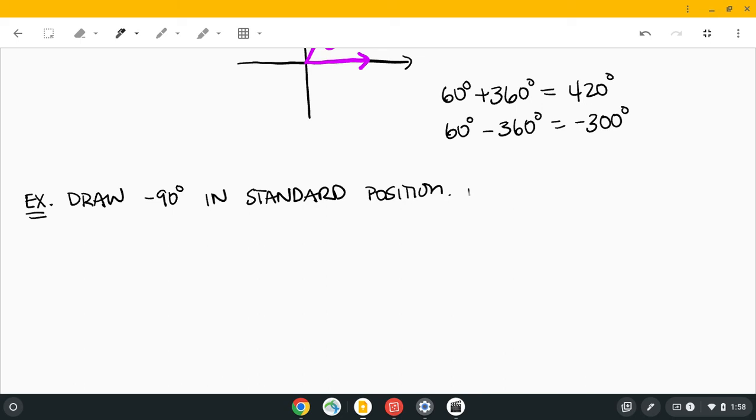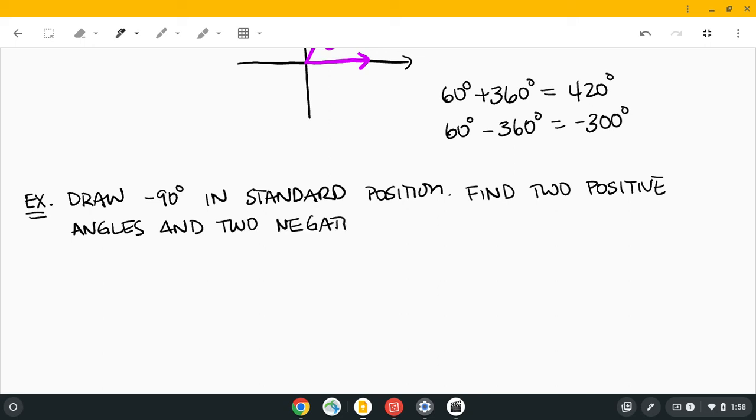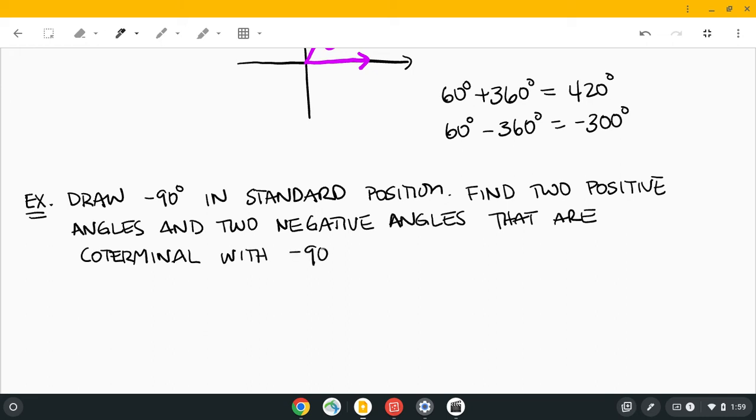And then we're going to go ahead and find two positive angles and two negative angles that are coterminal with negative 90.